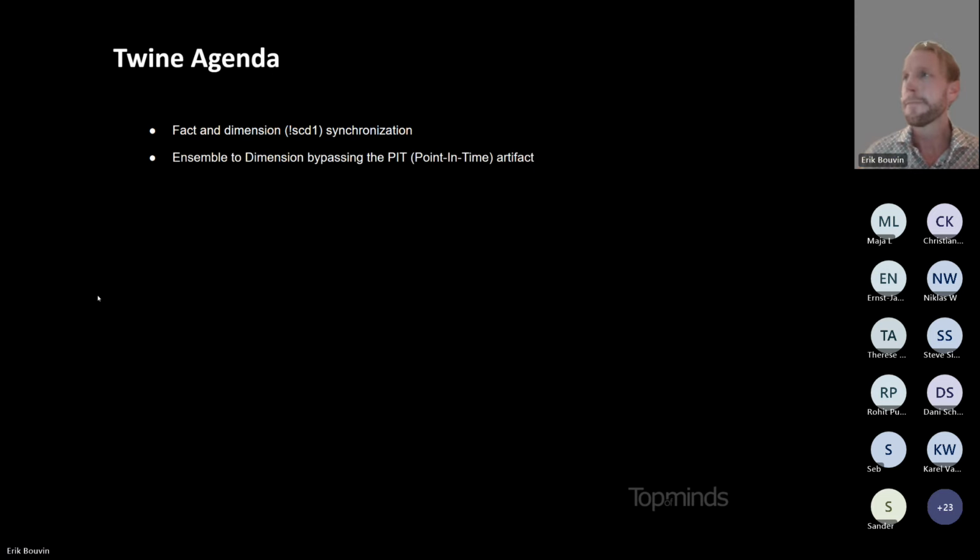And the second part will be where I will show you how we can also use Twine to go from ensemble to dimensional, bypassing the point-in-time artifact, which is heavily used. And last but not least, I hope we'll have some Q&As and discussions.